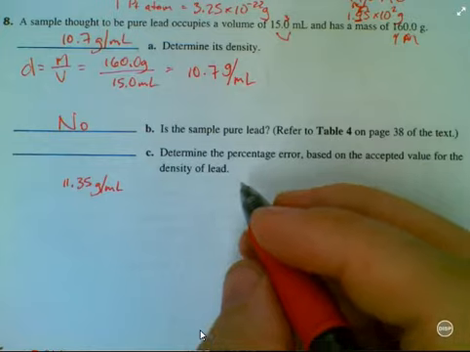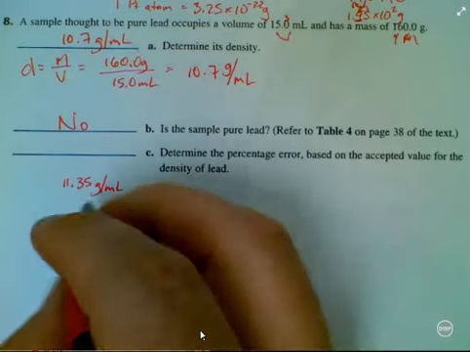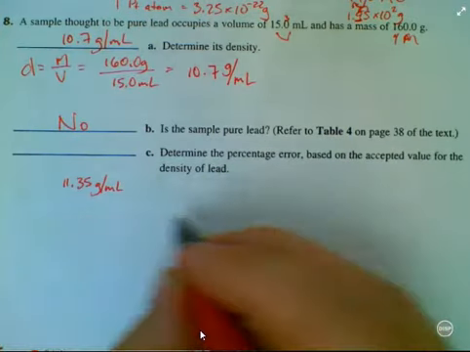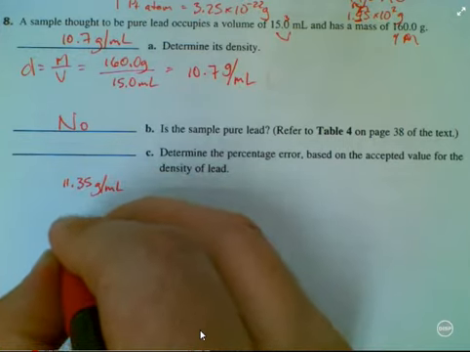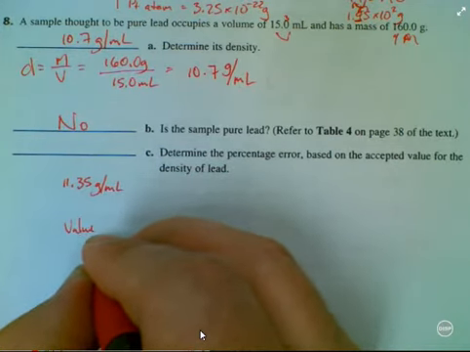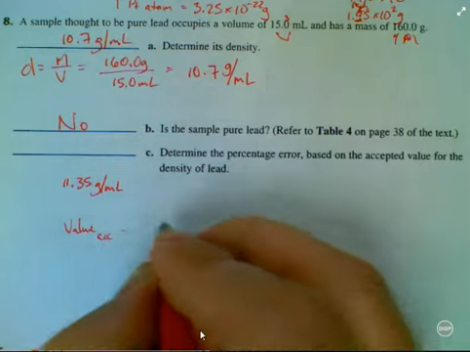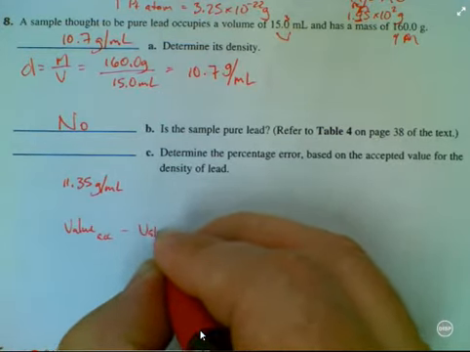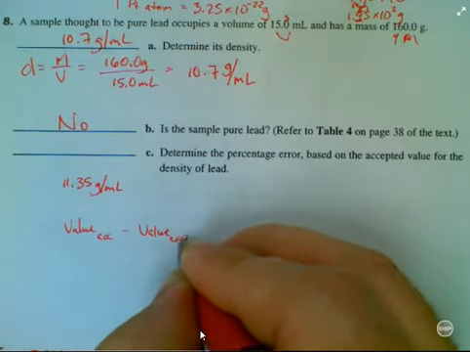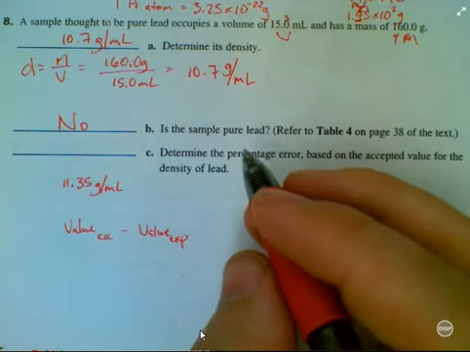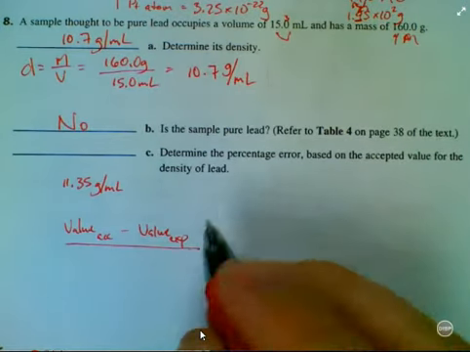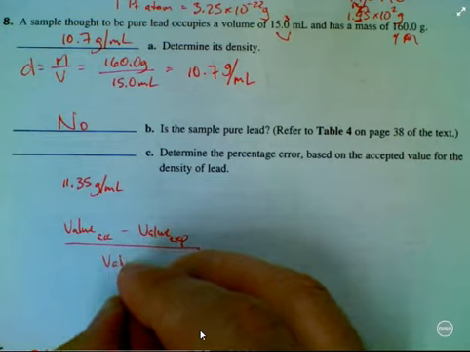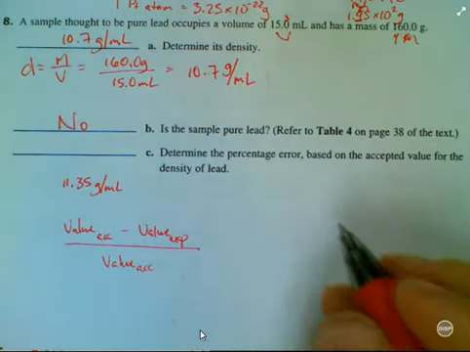So percent error, we're going to take the accepted value. So that's value accepted, subtract value experimental, like what we actually got, and we're going to divide by value accepted.